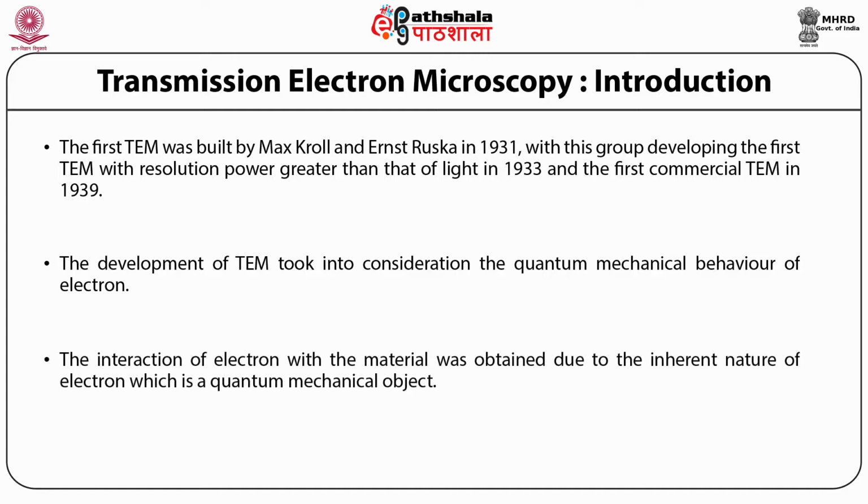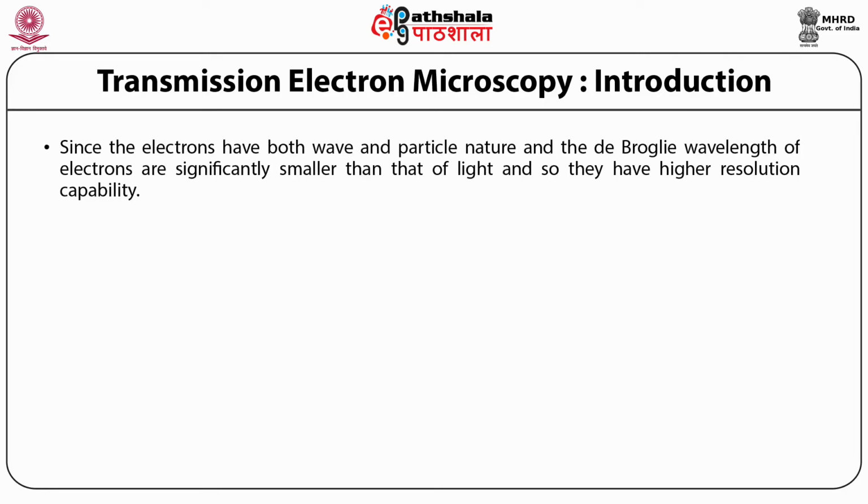The interaction of electrons with the material was obtained due to the inherent nature of the electron, which is a quantum mechanical object. Since electrons have both wave and particle nature, and the de Broglie wavelength of electrons is significantly smaller than that of light, they have higher resolution capability.